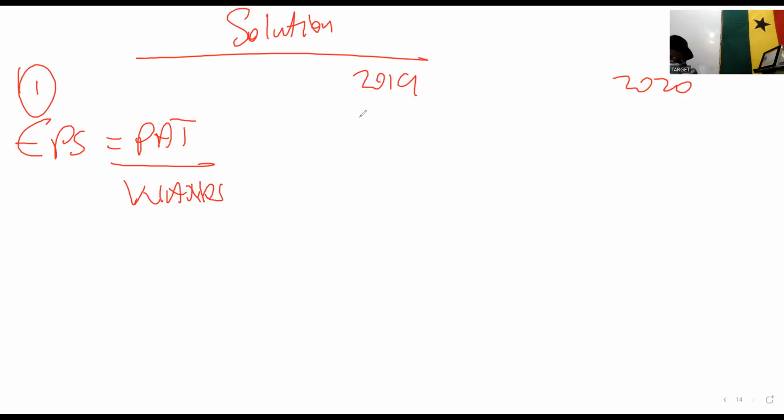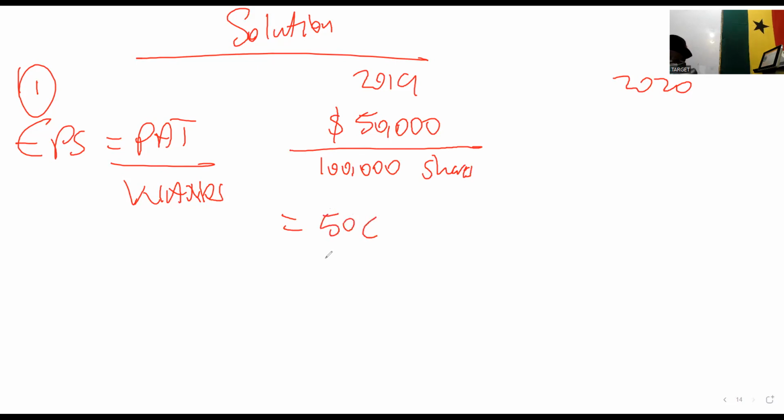So over here, the profit after tax is $50,000 divided by 100,000 shares, in which you will get what? 50 cents, or 0.5 dollars. It should be 0.5 what? Dollars or 50 cents.